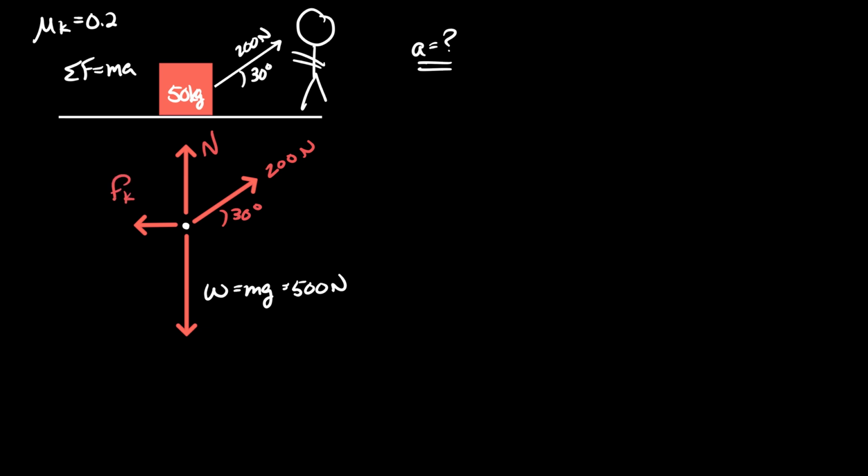Okay. Unfortunately, we have a force that is off axis, right? So if I consider my axes, I'm going to have to take this force and break it up into a sideways force and an up and down force. Do you guys see that too?